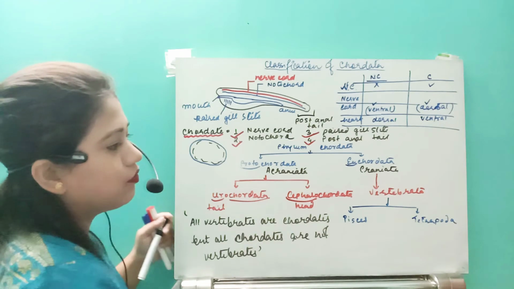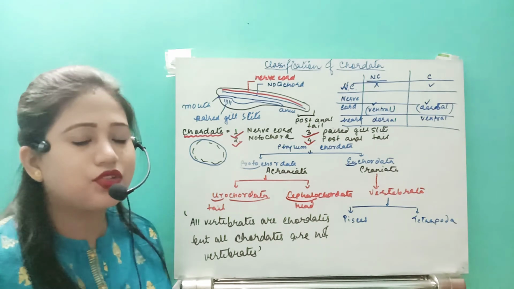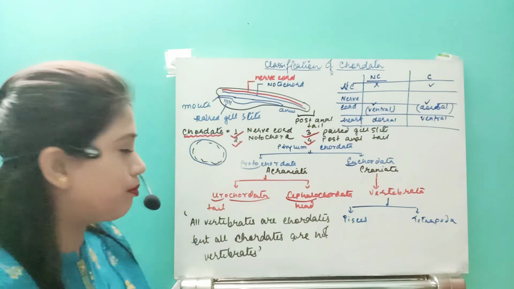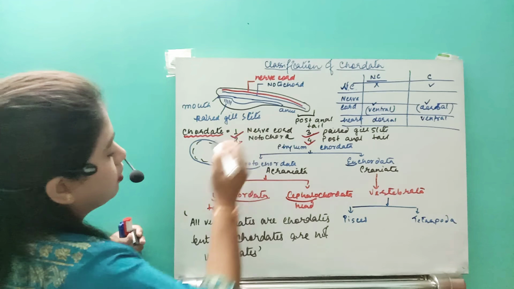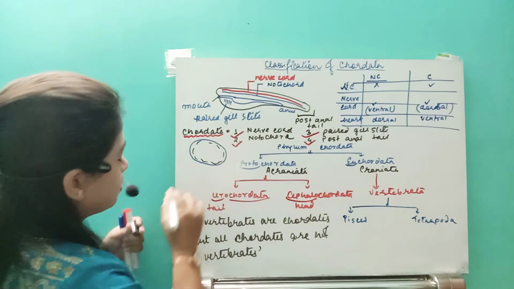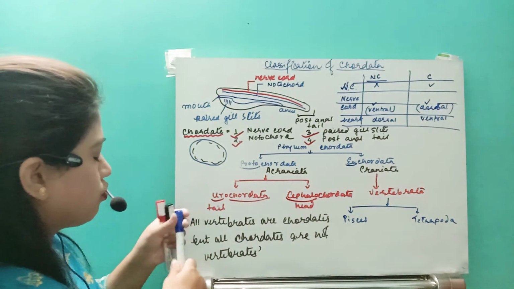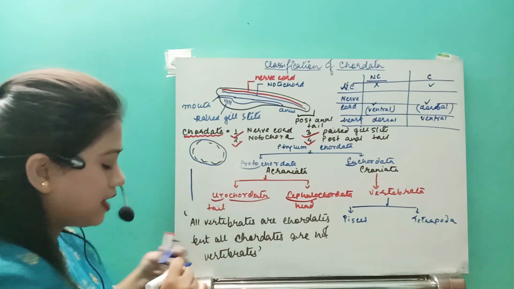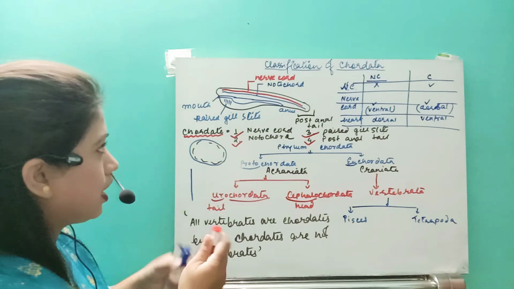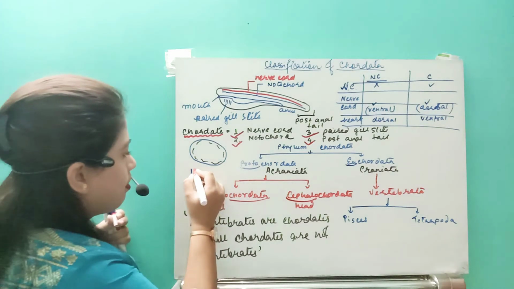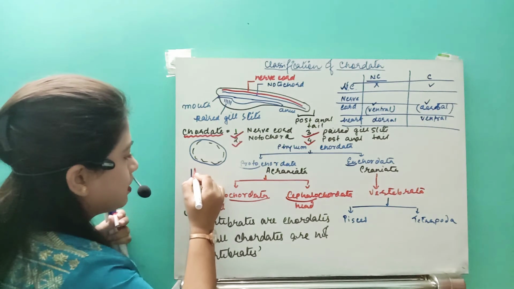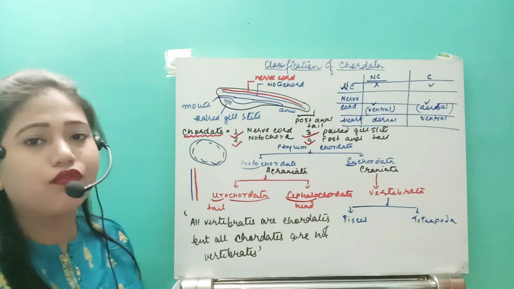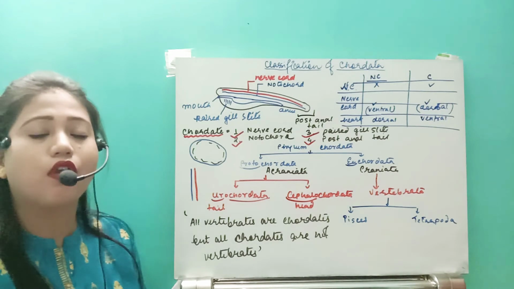But if you see the Vertebrata, how is the structure different? Suppose this is the notochord. Earlier the notochord was present like that and just above that the nerve cord was present. But the nerve cord is very essential for our body.